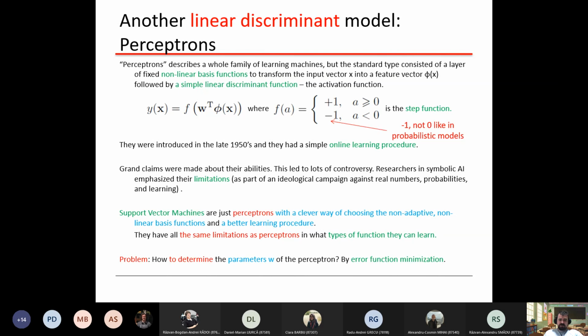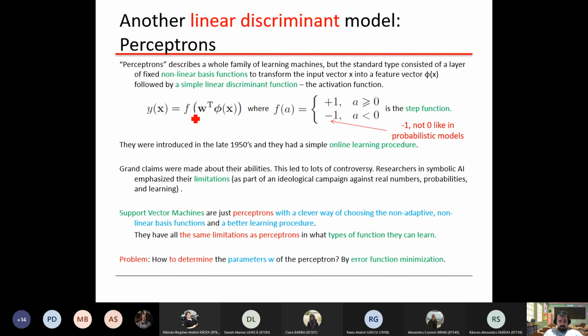We'll be talking about basis functions towards the end of this lecture. They transform the input vector into a feature vector phi of x, and then we use a simple linear discrimination function, which is called the activation function, in order to establish if we have a positive or a negative sample.